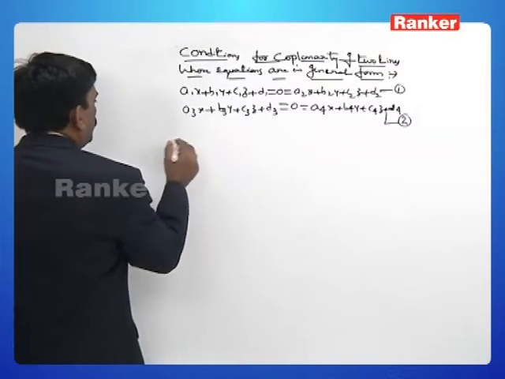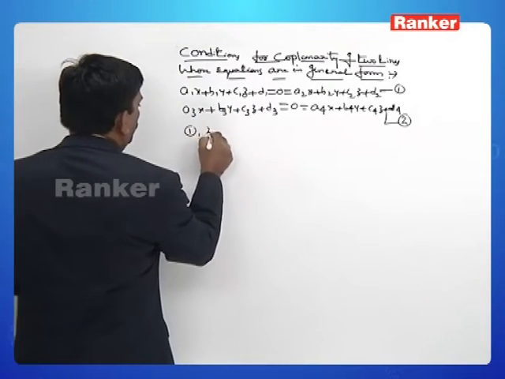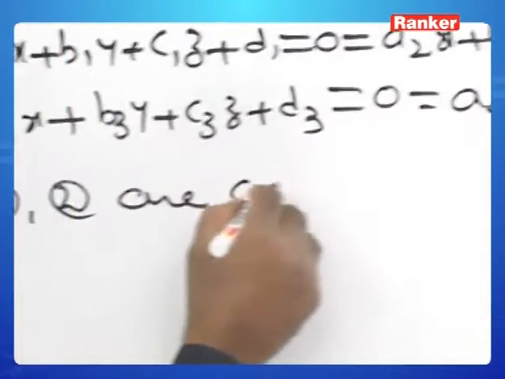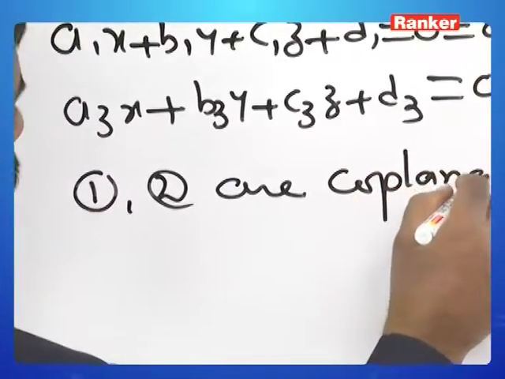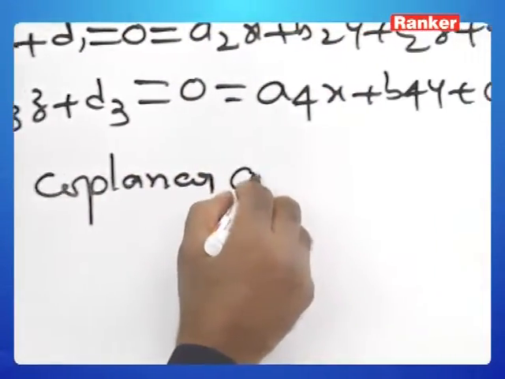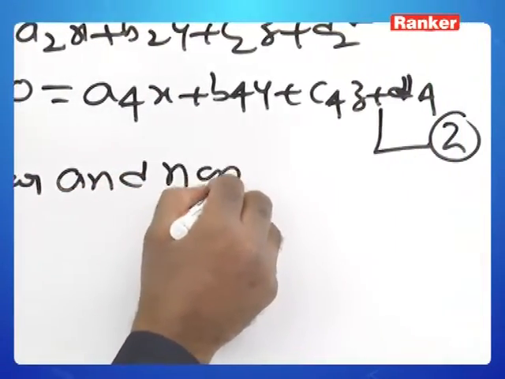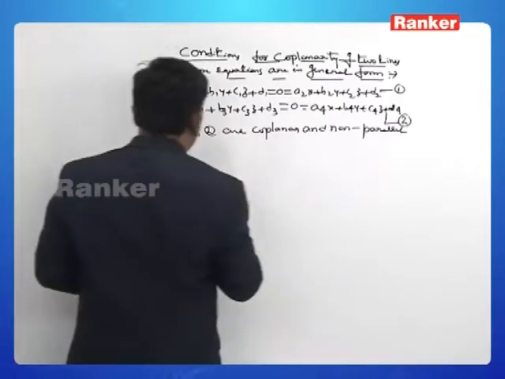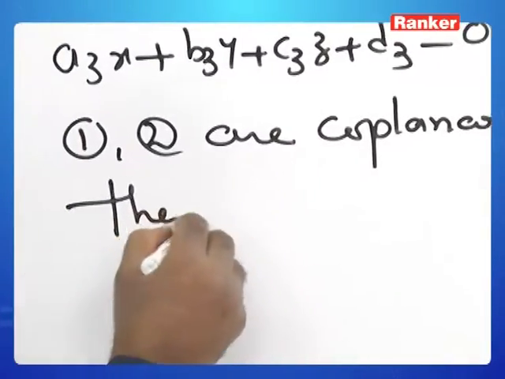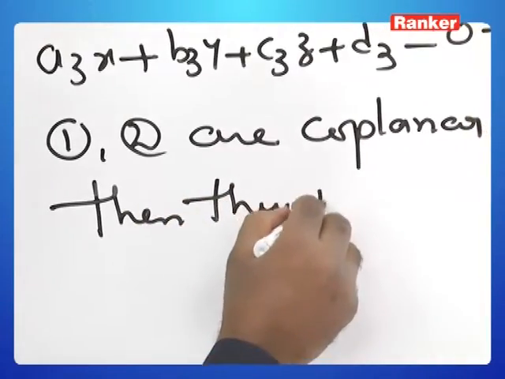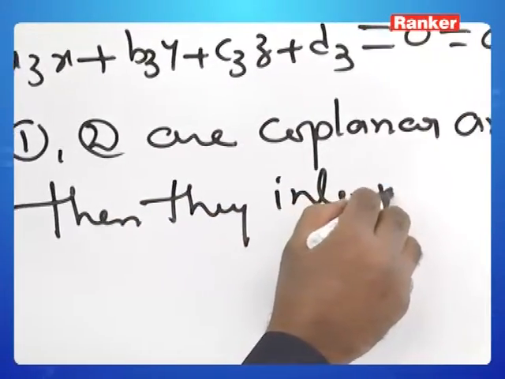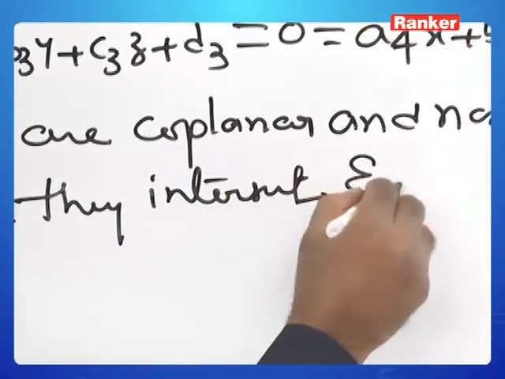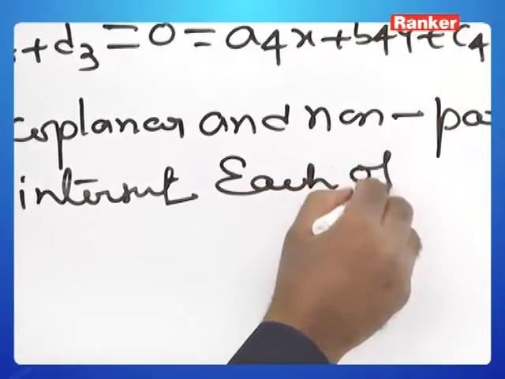So, since 1 and 2 are coplanar and non-parallel, they intersect each other.